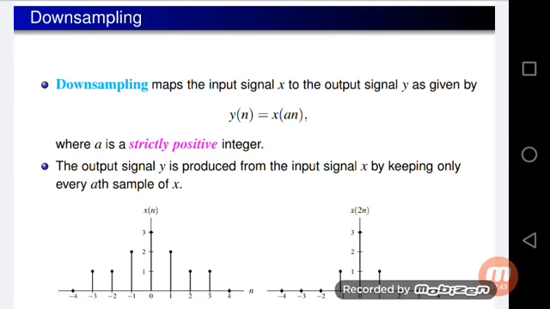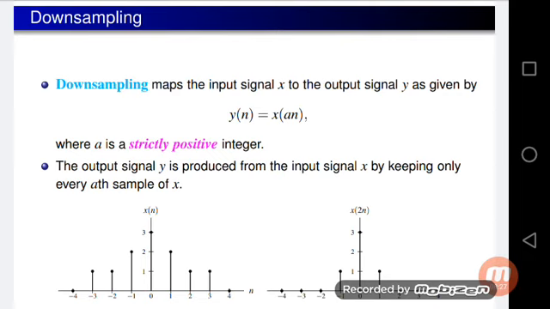So we are observing two diagrams, the left and right side diagrams. The size of the wave is increasing sometimes and decreasing sometimes. That means down sampling. Down means decreasing.